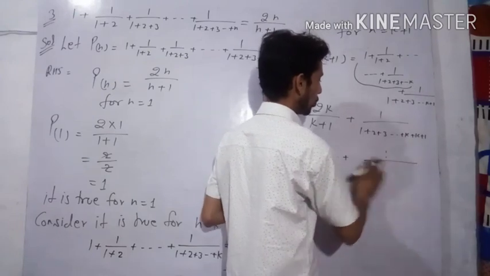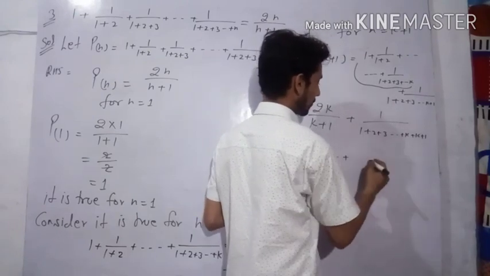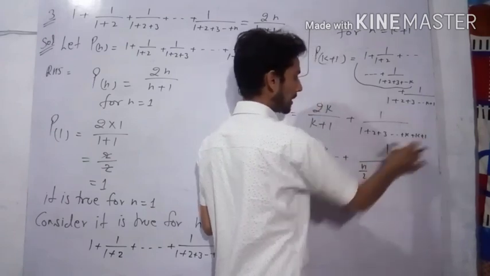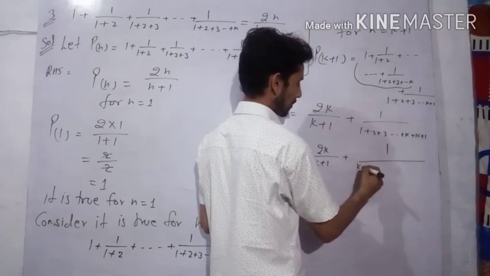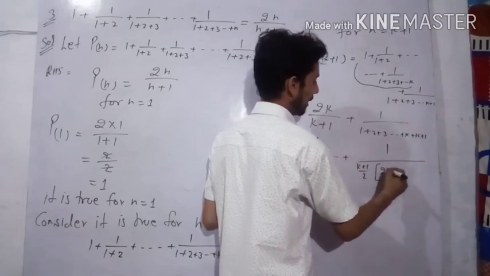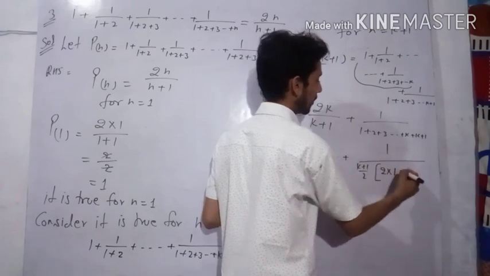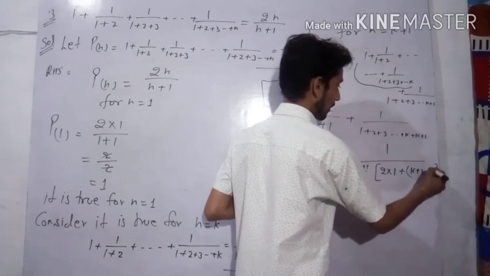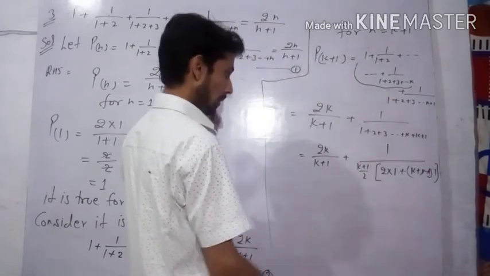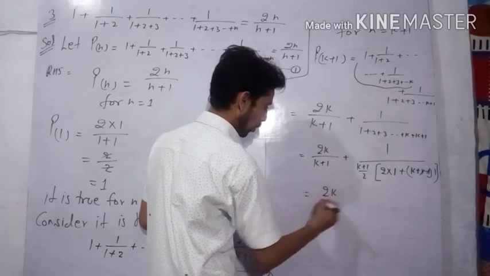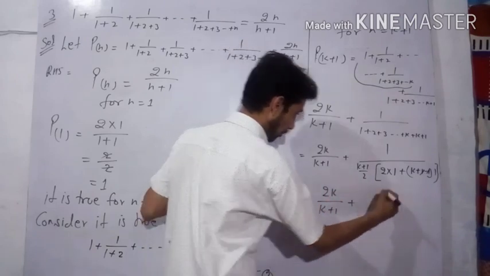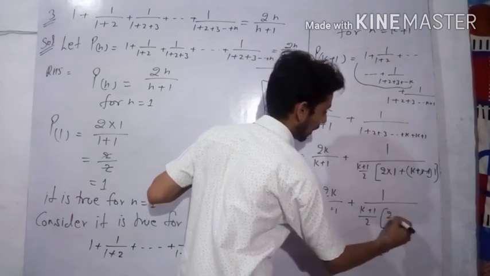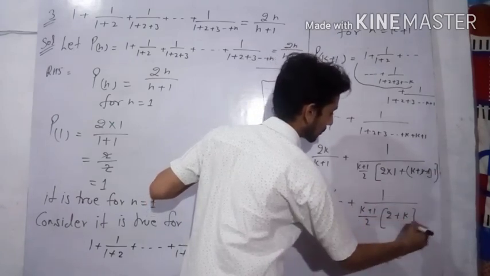As you know, the summation formula Sn is n/2 times (2A + (n-1)D), where n is k plus 1, A is 1, and D is also 1. So 2k/(k+1) plus 1 upon (k+1)/2 times (2+k).